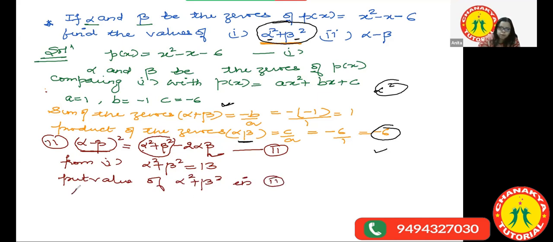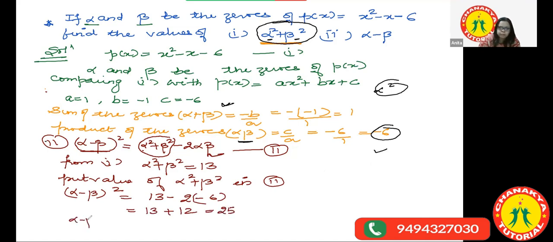So alpha minus beta whole square will be equal to 13 minus 2 alpha beta. Alpha beta is minus 6. So 13 plus 12 is 25. Right?